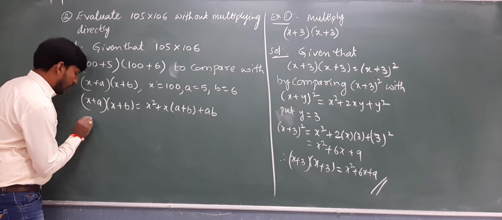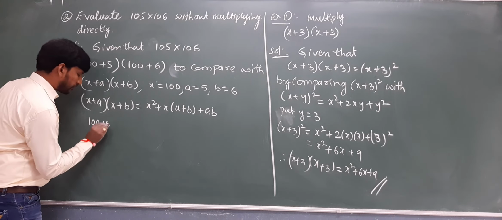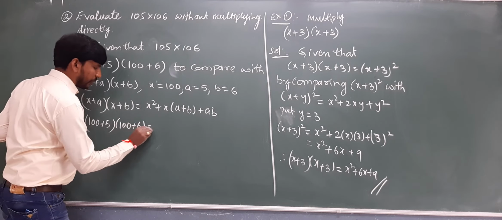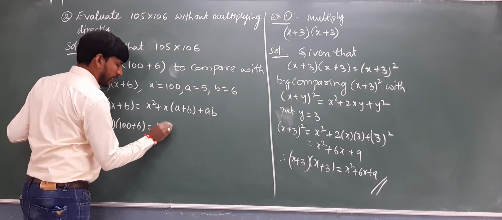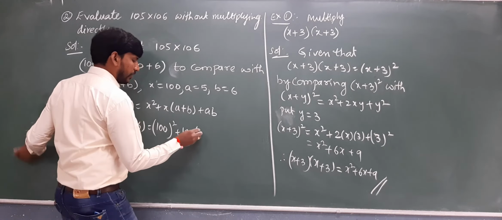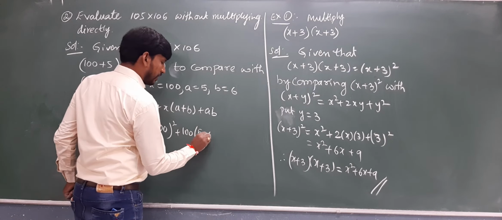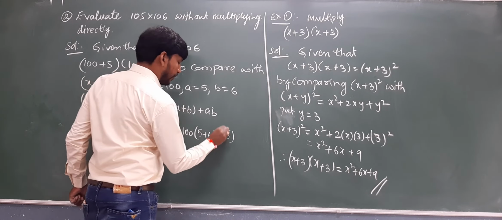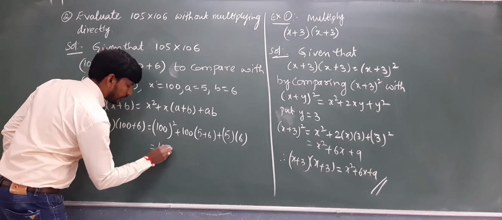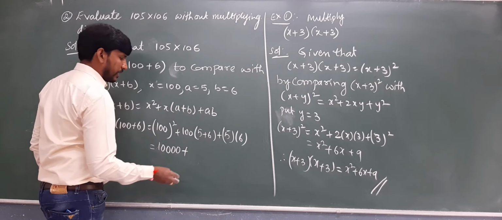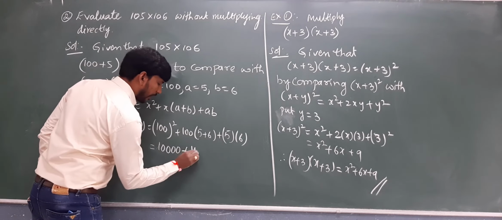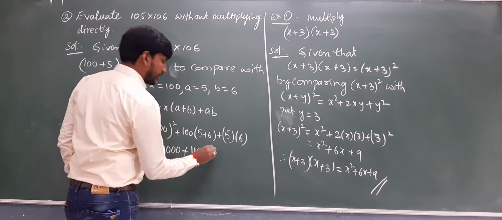That is, 100 plus 5 into 100 plus 6 is equal to 100 square plus 100 into a plus b, that is 5 plus 6, plus 5 into 6. Now what is 100 square? That is 10,000, 4 zeros you will get here, plus 100 into 5 plus 6 is 11. 11 into 100 is 1100, plus 5 6s are 30.